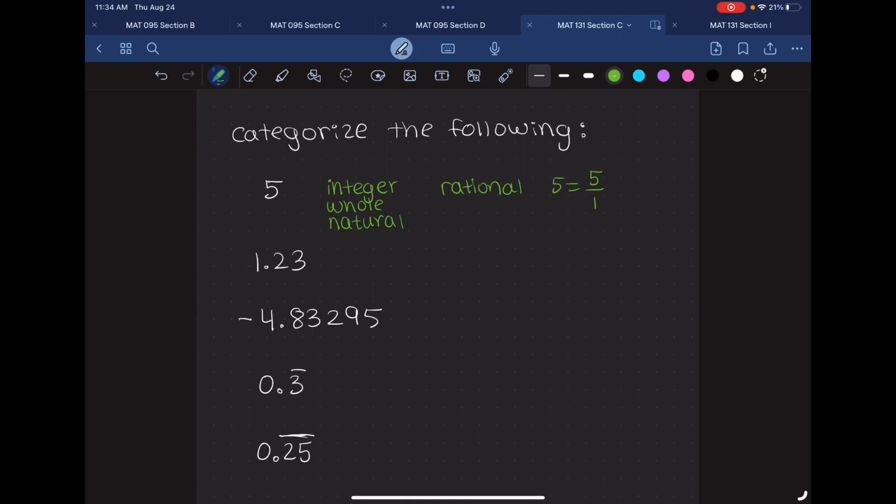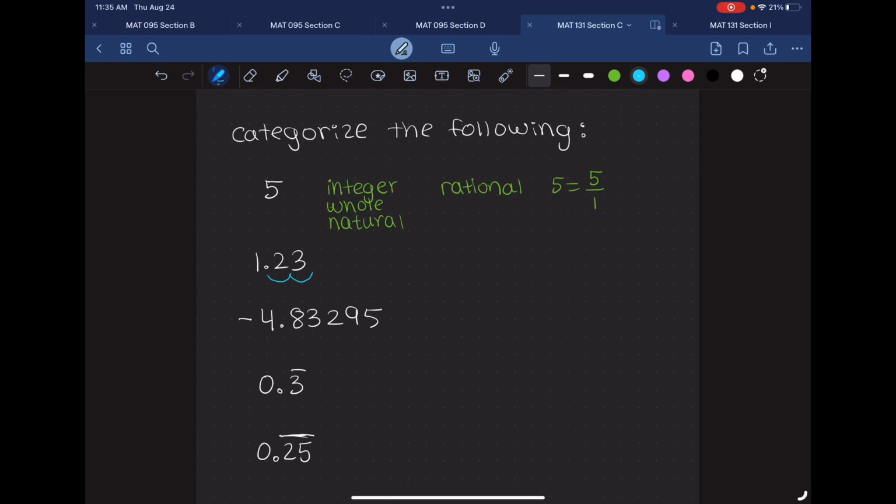Now when we look at 1.23, that's not an integer or a whole number or natural, so we're left just trying to decide whether it's a rational number or an irrational number. And so we're left with the decision of, can this number be written as a ratio of integers? And for this one, the answer is yes. Notice that if I move the decimal place over 2, then I get 123.